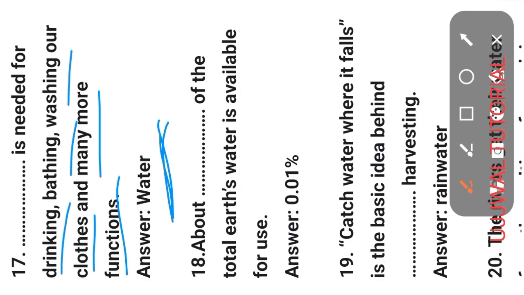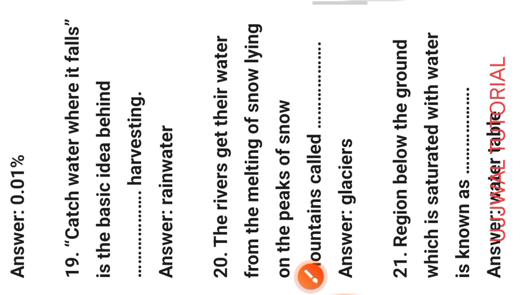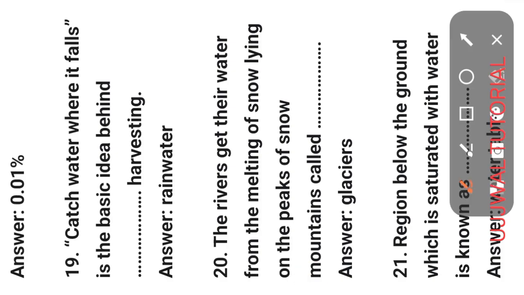About dash of the total Earth's water is available for use. That is 0.01%. Next question, question number 19. Catch water where it falls is the basic idea behind dash harvesting. Rainwater. Rainwater harvesting.